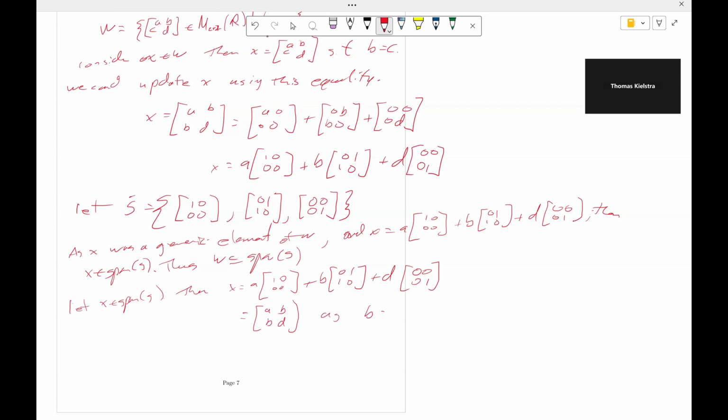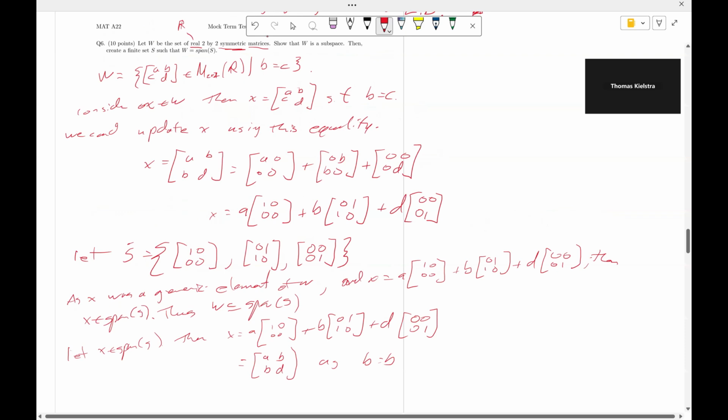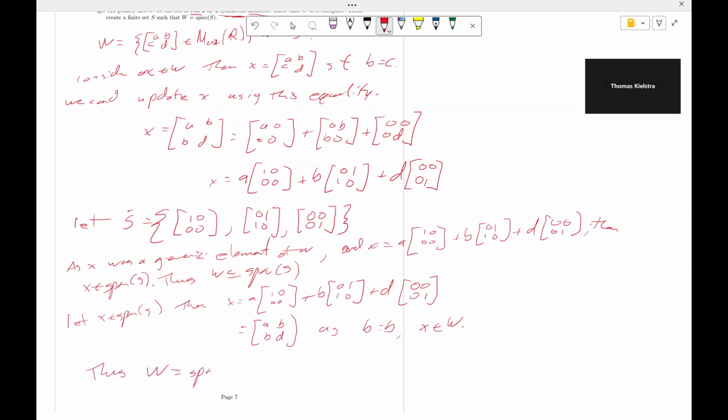As B equals B, we're just verifying that it's in our set W, which we defined above. So X is in W. Thus, W equals the span of S as was asked.